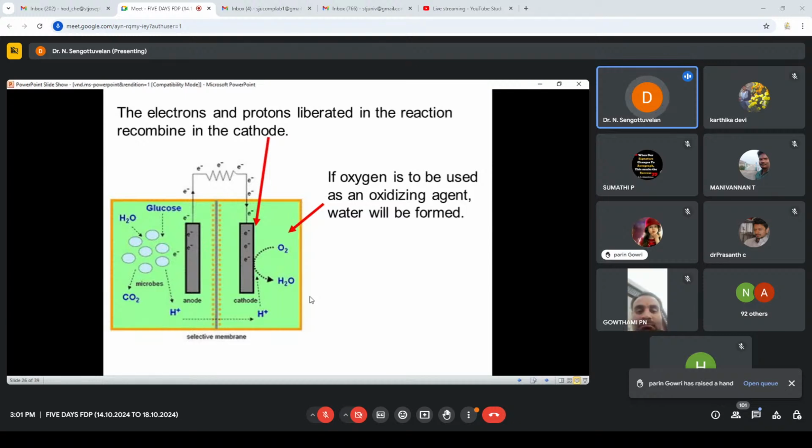Instead of oxygen, if you think of any pollutant, cadmium ion or mercury ion or chromium ion, and you load it in the cathodic chamber, the electron from the anode is gained by these metal ions instead of oxygen. So what happens? These ions are present in the cathode.